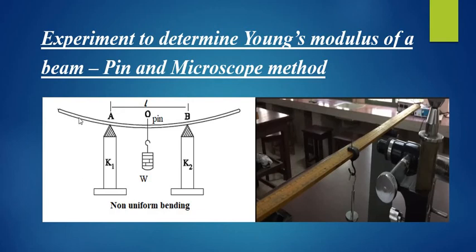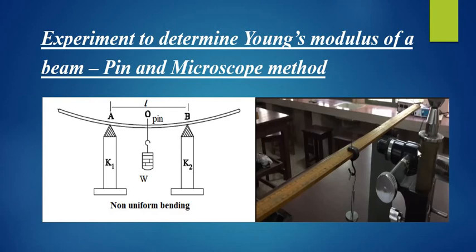That is, a rectangular beam AB is supported horizontally on two symmetrical knife edges K1 and K2. At the midpoint, a weight hanger is suspended, and also at that point, a pin is fixed vertically, and the tip of the pin is focused by a traveling microscope.